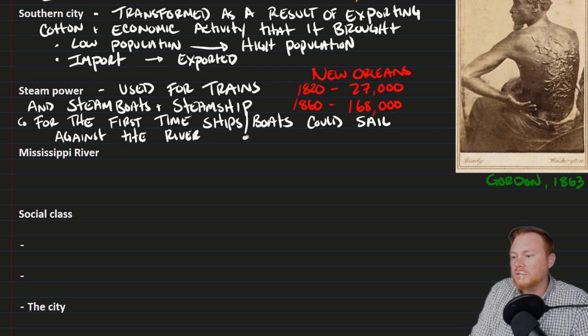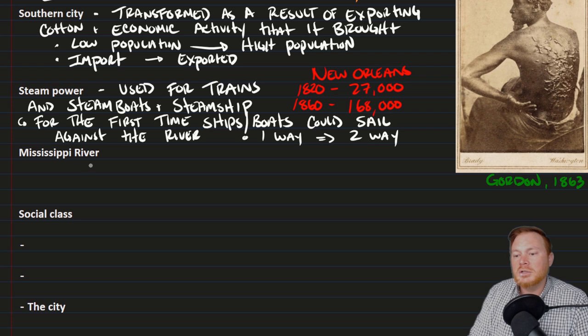and we can think about it in terms of transportation, right? Every single waterway or every single river was one way. They now became two ways. And the best example of this is the Mississippi River. Before the invention of the steamship or the steamboat, you could really only sail down the Mississippi River. And even that was pretty dangerous.